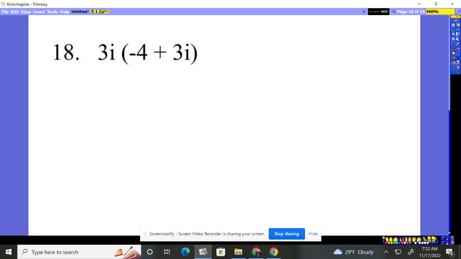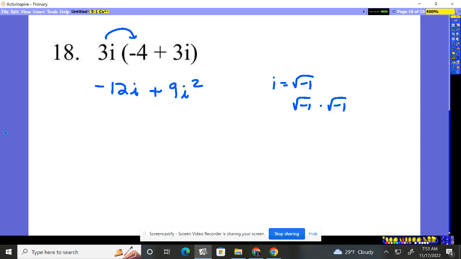Number 18. All we need to do is distribute through. This gives me -12i. 3 times 3 is 9, and then I squared. Well, remember, I is the square root of -1, so we have the square root of -1 times the square root of -1, which gives you -1. So this guy is worth -1.